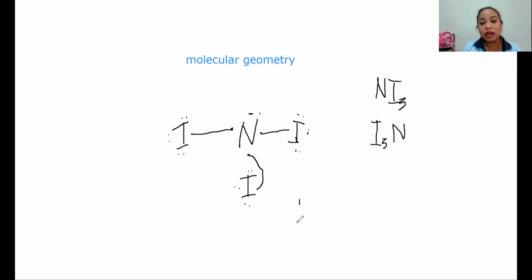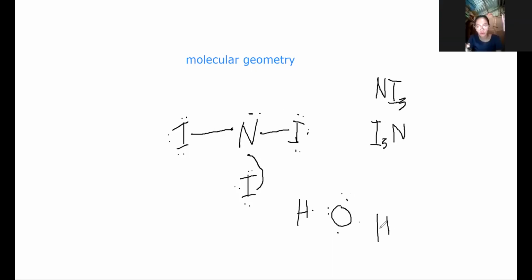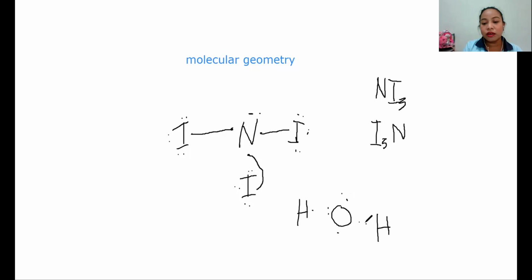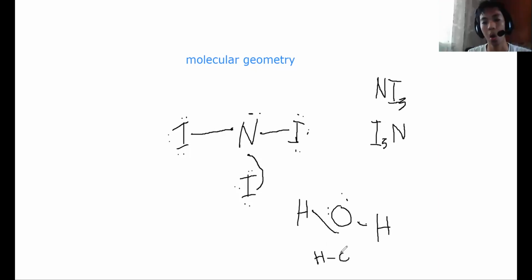It is the same as H and the dots of oxygen, 6. And then another H here. If we consider the geometry, we have H connected to oxygen and another H, so 2H.